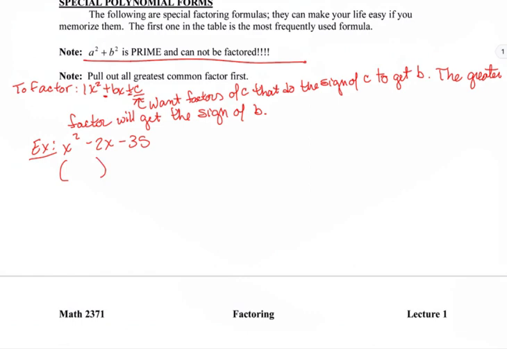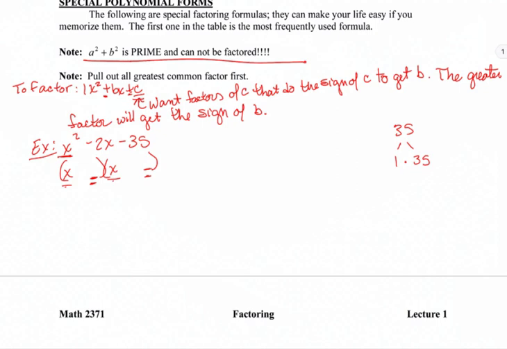I want to go straight into two parentheses. I know that the first one is going to be x and x because my first term here is x squared. How do I figure out what's going to go in these second slots? Well, I'm going to take 35 and factor it. That's 1 times 35.